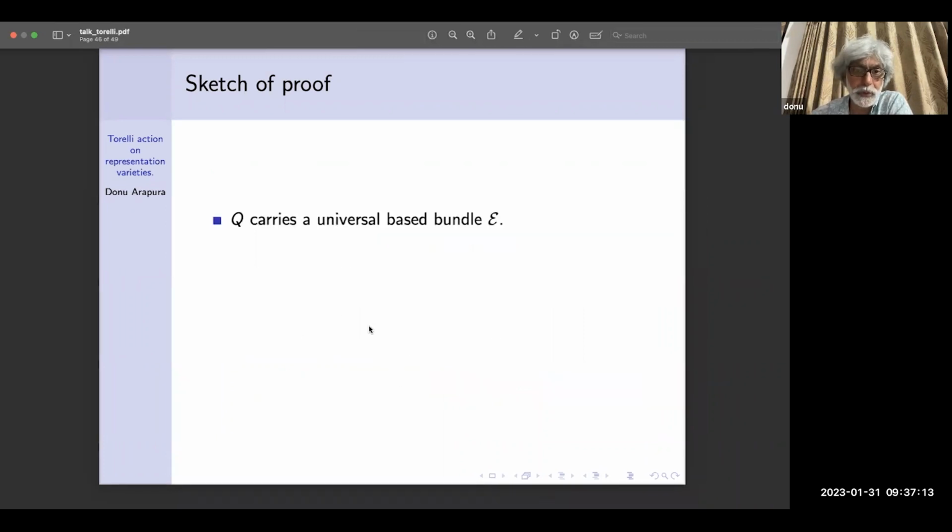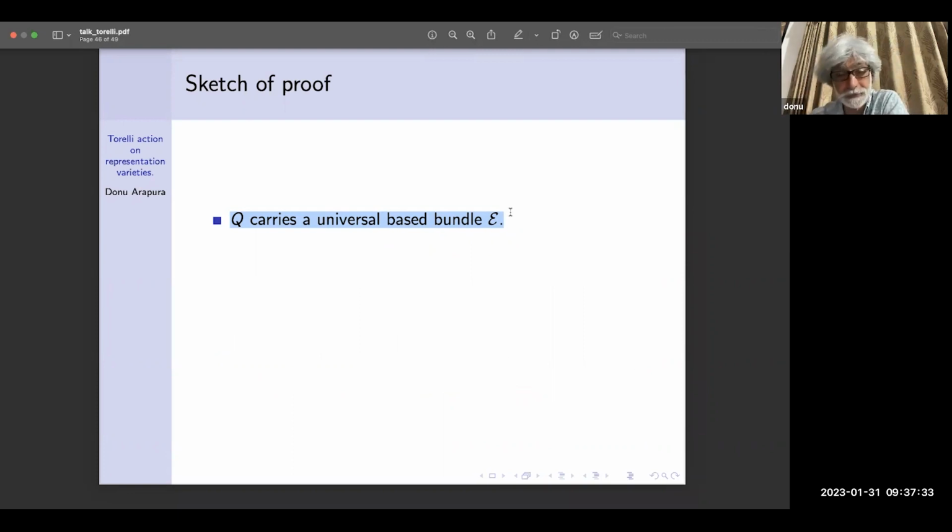All right, so as I said on a previous slide, Q is representing some kind of functor, the functor that classifies based vector bundles of the appropriate type.